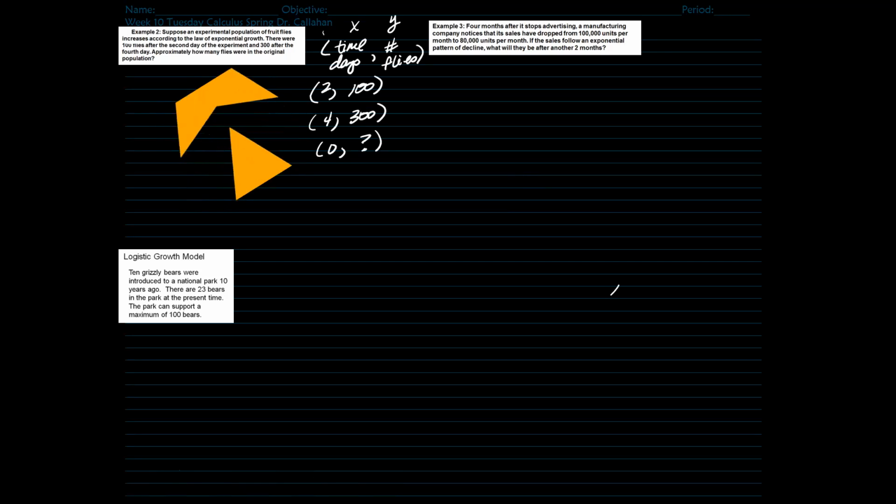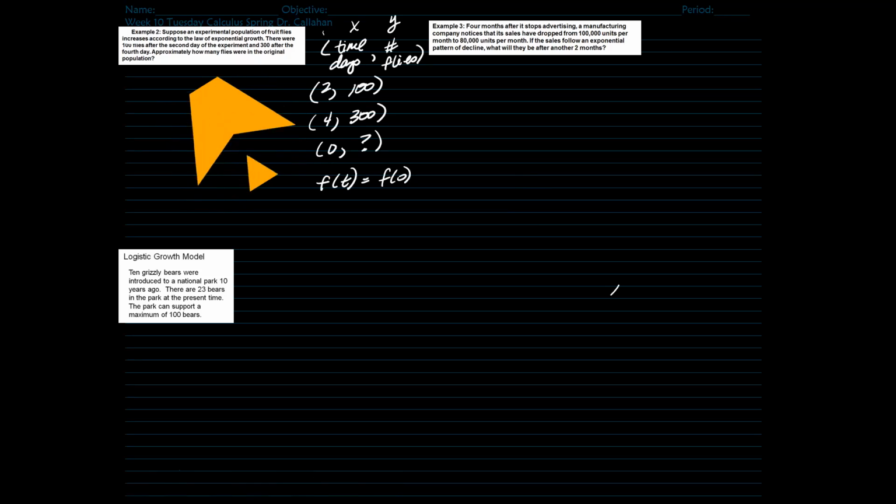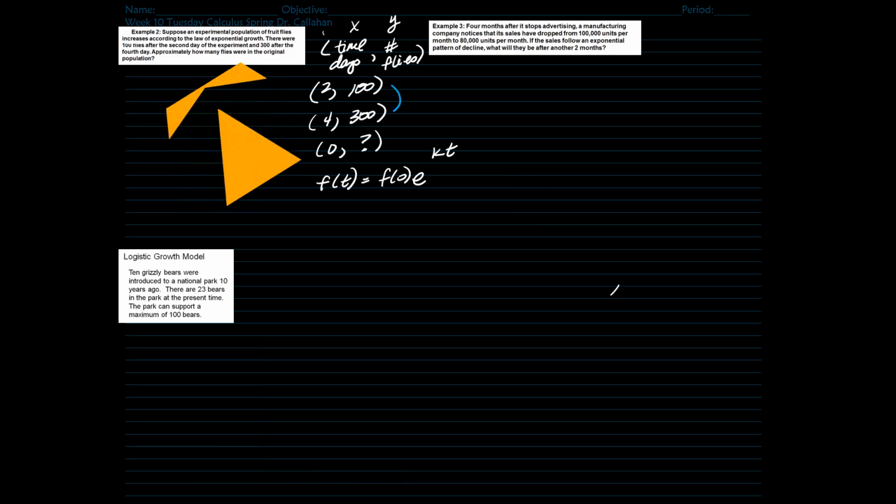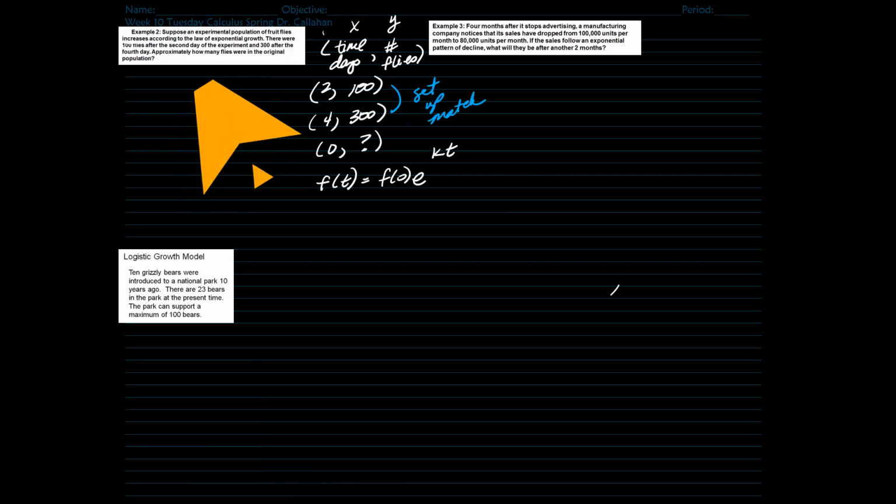So your initial equation is going to be f of t equals f of 0 e to the kt, okay? So then with this one, you're going to have to use these 2 equations, and set them up equal to each other.